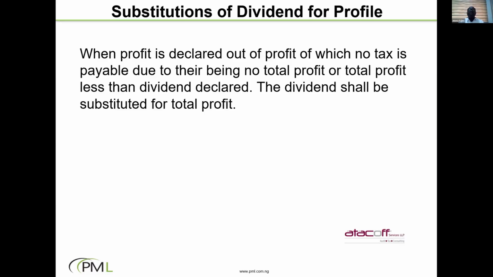Substitution of dividend for profits. When dividend is declared out of profit on which no tax has been payable, due to there being no taxable profit or taxable profit less than the dividend declared, the dividend shall be substituted for taxable profit.